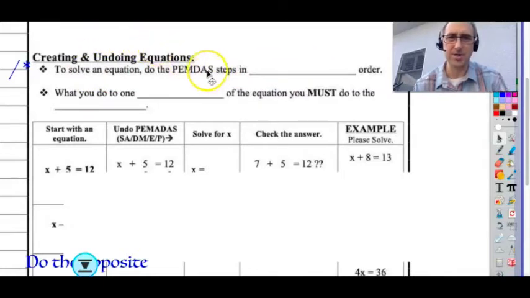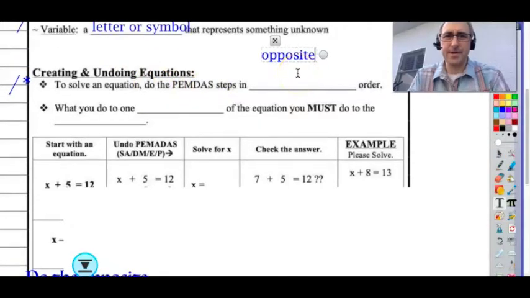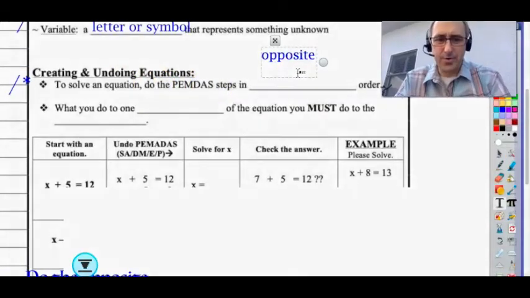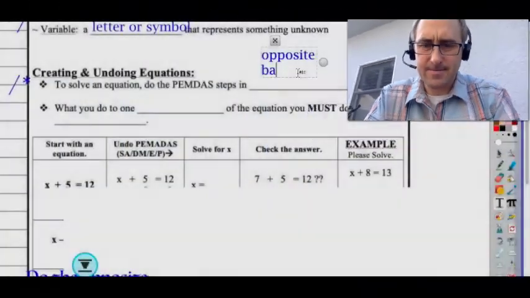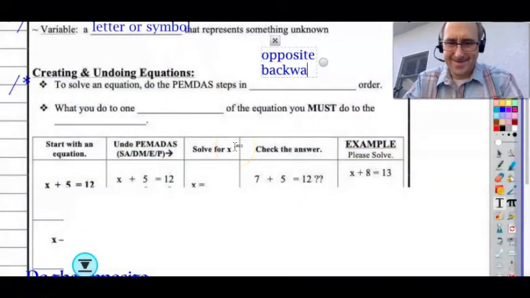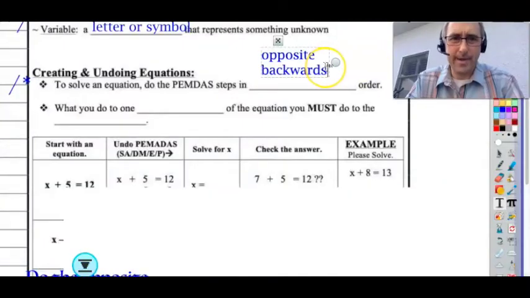So we're going to start by going this way. 3 words we want to figure out. Another word for that is backwards. Back, opposite, or backwards, or another way to say it mathematically would be in the inverse order.